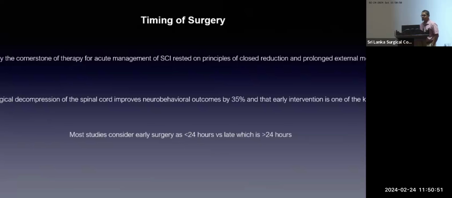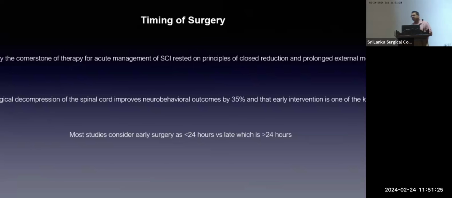So you get an injury in the spine, the patient will be in the bed, strict bed rest, 3 months, right? And then after 3 months, you start to mobilize the patient. But as time went on, they found out that intervening early would give a 35% better outcome in patients. So most studies considered early surgery as 24 hours and late as more than 24 hours.